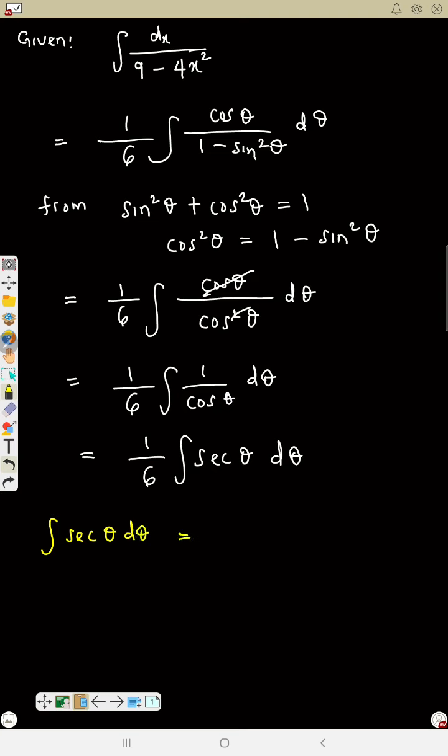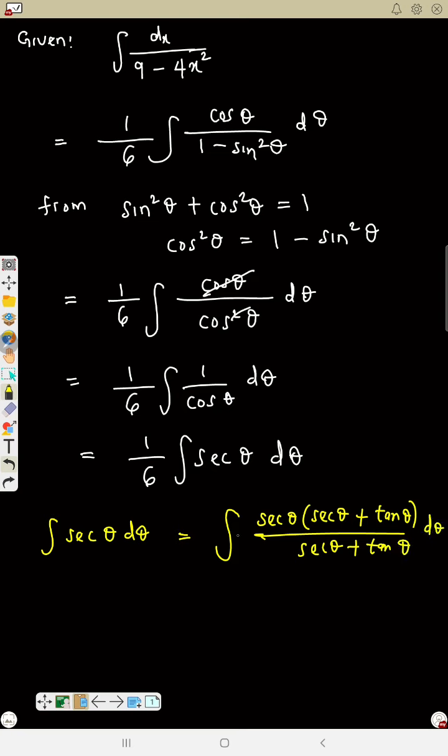If I want to integrate sec theta, this is the same thing as sec theta brackets sec theta plus tan theta divided by sec theta plus tan theta d theta. Look at this expression. This is the same thing as this, because this can still cancel out, it will go back to sec theta.